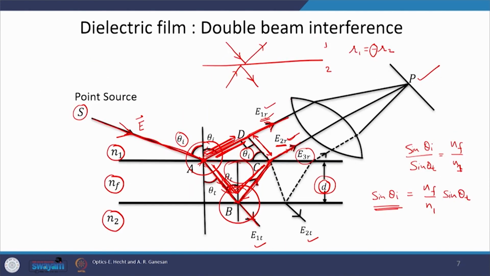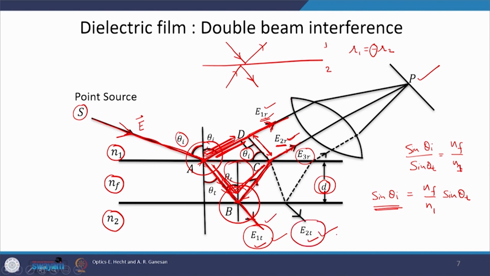In this figure, you see the first reflection is external one. Now, this ray is getting transmitted and this is giving a field of magnitude E1 t. This is the first transmission, and second transmission is E2 t.